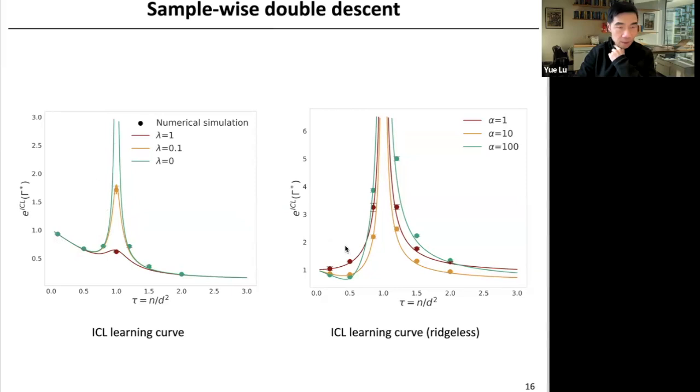Similarly, we also have in this case a different curve, but the difference is that instead of changing the value of lambda, we set lambda, the ridge parameter, to 0, and we change the values of alpha. And alpha is the so-called context length. Alpha increasing means you are having longer and longer sequences.